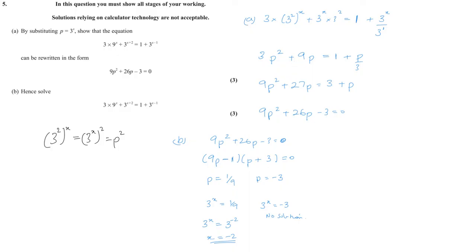But otherwise, I think fairly straightforward, but you have to be careful. And again, solving for p, then replace the p by the 3 to the power x. I think you could probably have jumped from this line to the end, so you could have even used your calculator there if you didn't realise this step. But this step would guarantee your full marks.